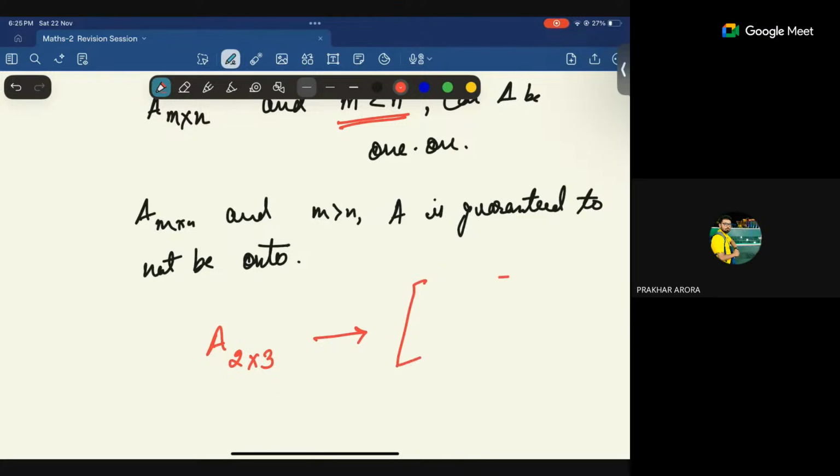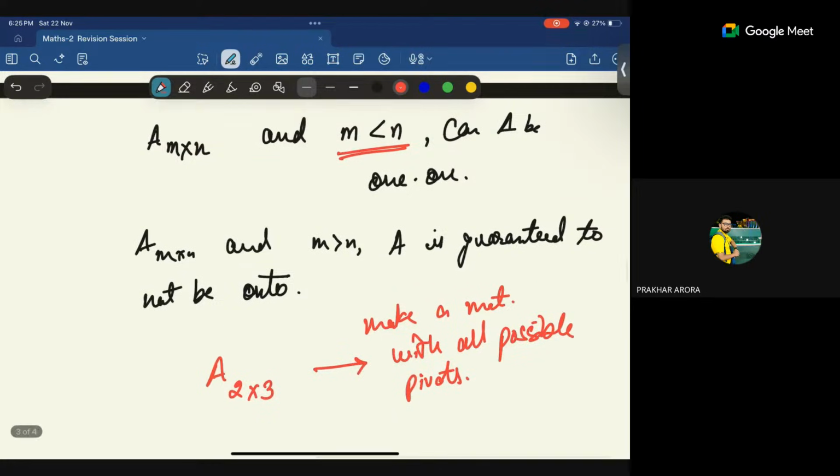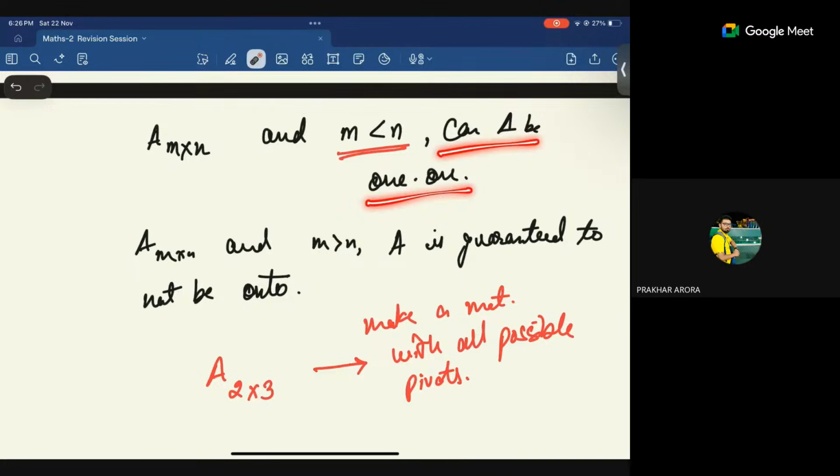The best thing is that you make a matrix with all possible pivots. You have to make a matrix with all possible pivots, because the questions you will find here are, can a matrix be 1 1?